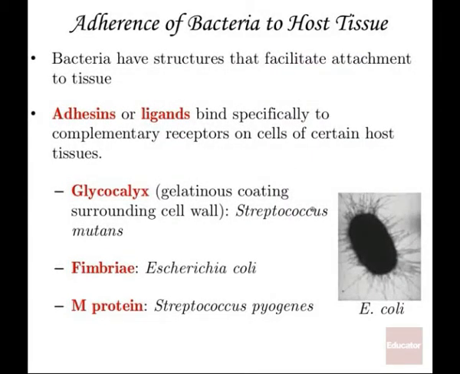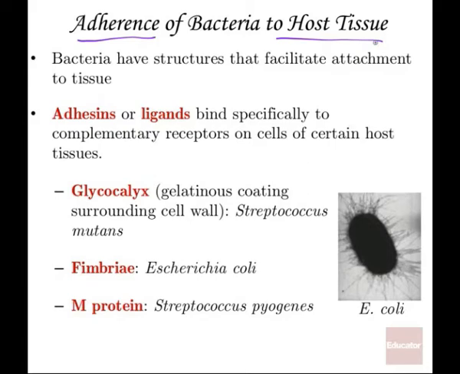So, in terms of mechanisms that the bacteria use to adhere and gain hold to host tissues, we have adhesins, we have ligands, remember the fimbriae, we have glycocalyx, and then we have the M protein.